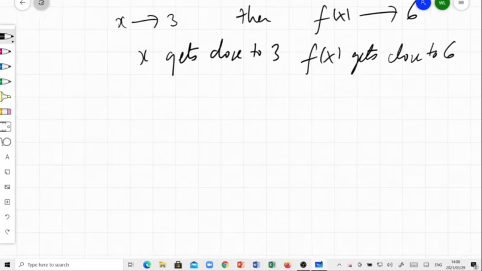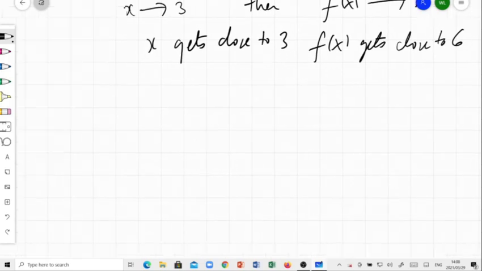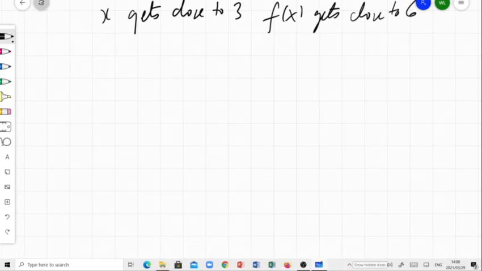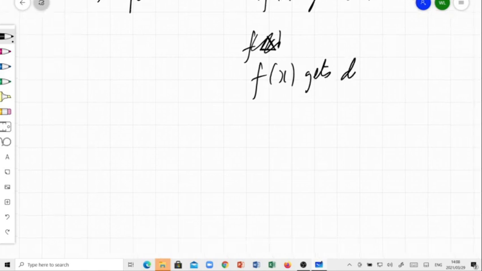Now, at university, we are going to strengthen this idea and give you the true picture. It's not just x getting close to 3 and f of x, or your y values, getting close to 6. Here we are talking about the idea that as x gets close to 3, f of x, the corresponding y images, not only gets close to, but stays close to 6.